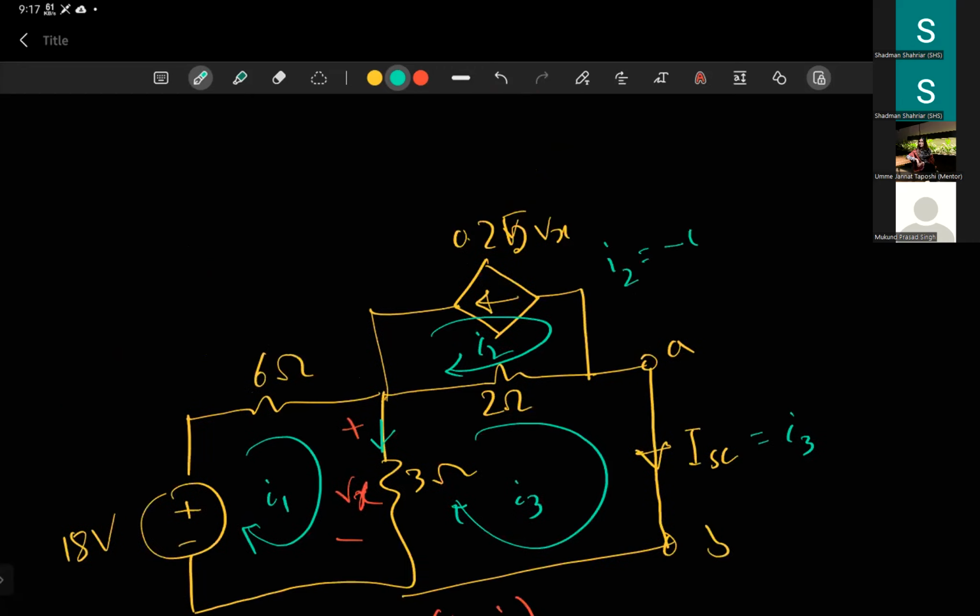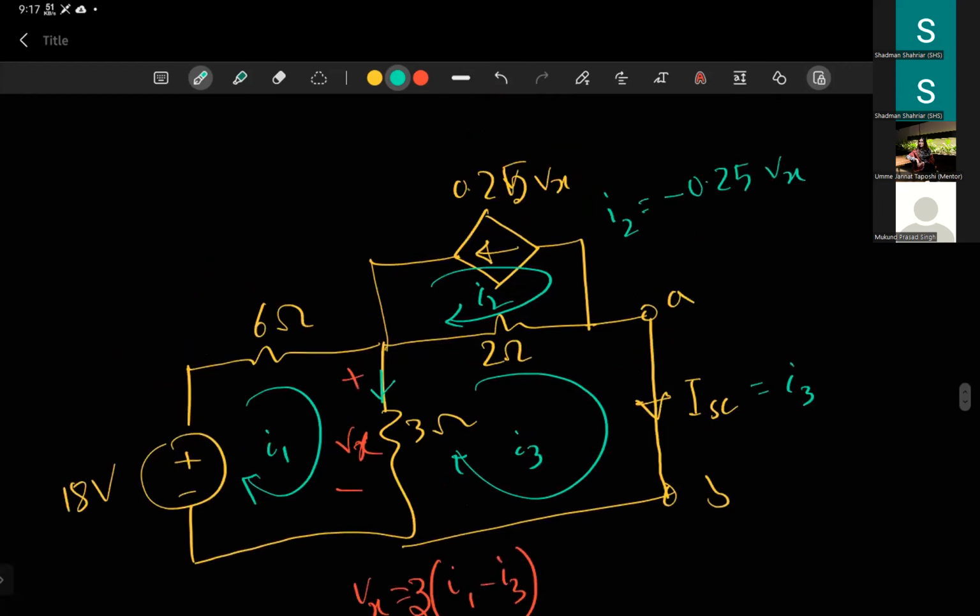And for mesh 1, we have two resistors connected, 6 plus 3, minus, we only have a common resistor with mesh 3, 3 I3 minus 18 equals 0.